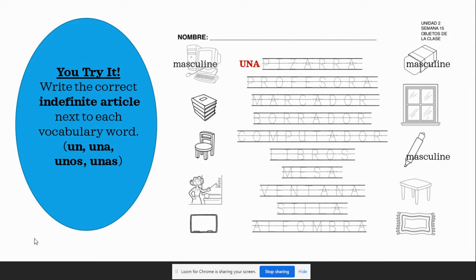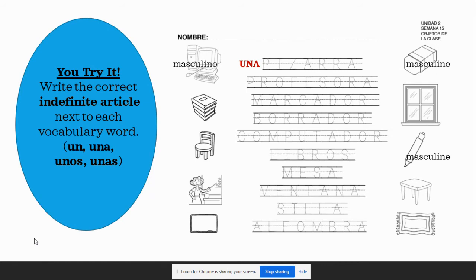So it is time for you to try it all by yourselves. Guys, I want you to refer back to this page in your packet. And I'm pretty sure you've already traced your words and probably matched your words with your picture.